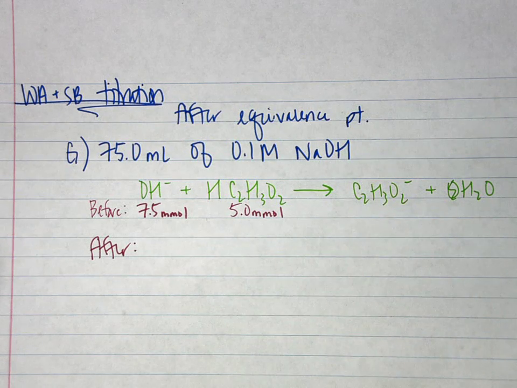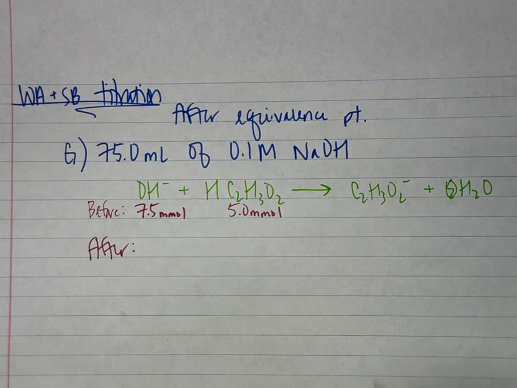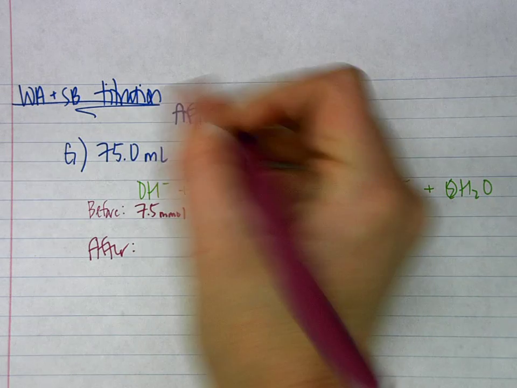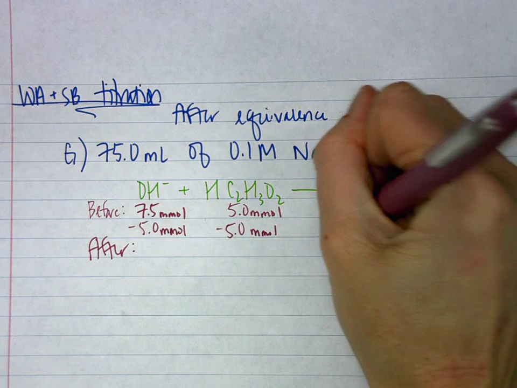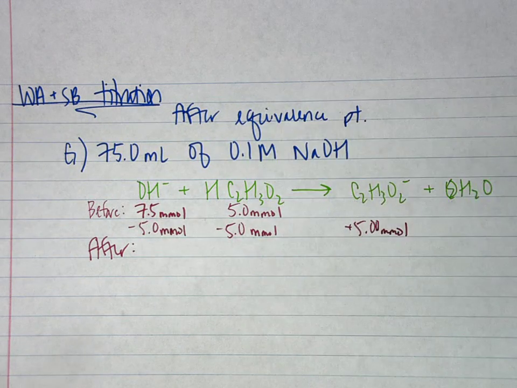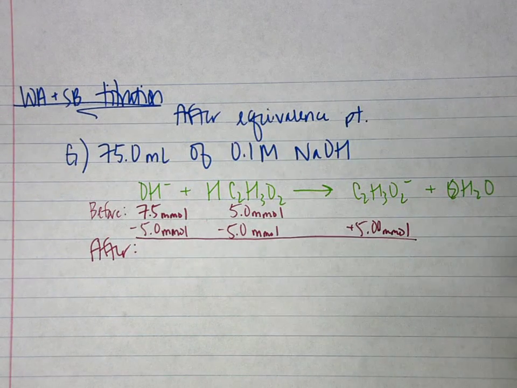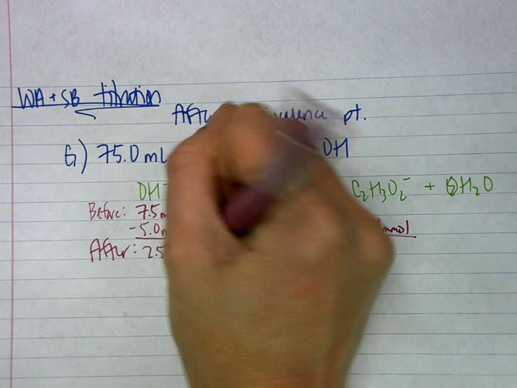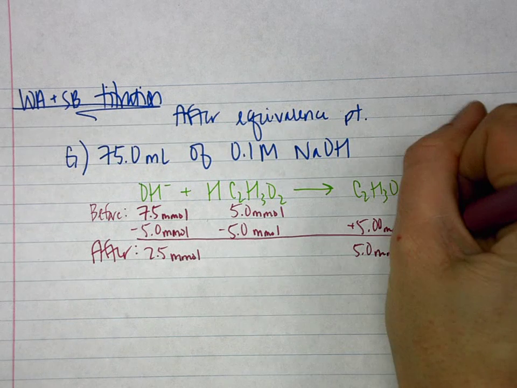This time is different: we've always had acetic acid left over, but in this case our acetic acid is the limiting reactant. At the end of this, we have 2.5 millimoles of OH- remaining and 5 millimoles of our acetate ion.